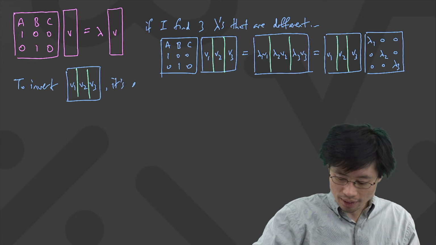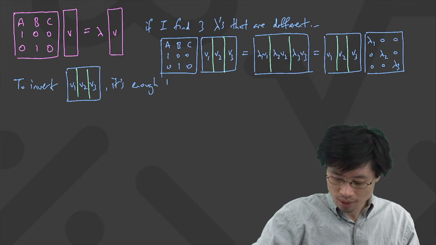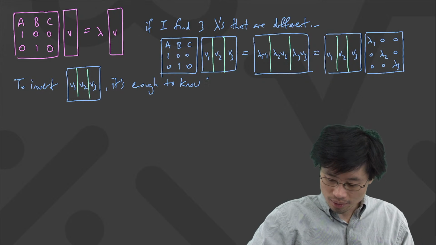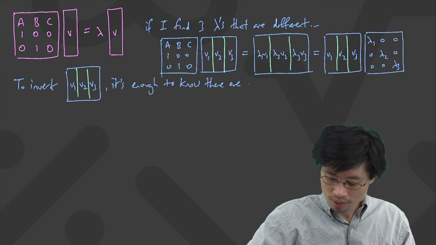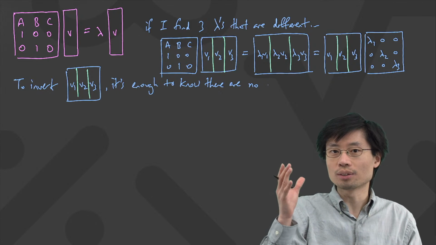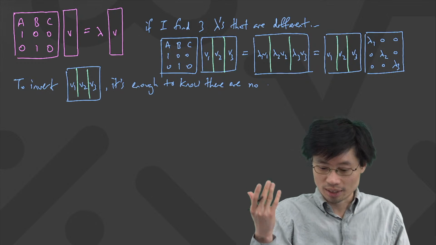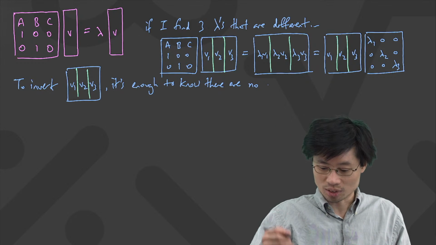it's enough to know that there are no non-zero coefficients that give you a linear combination that makes all the v's go away.